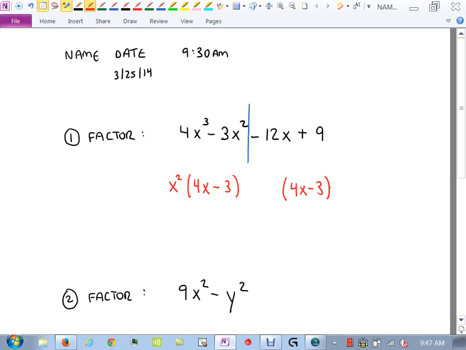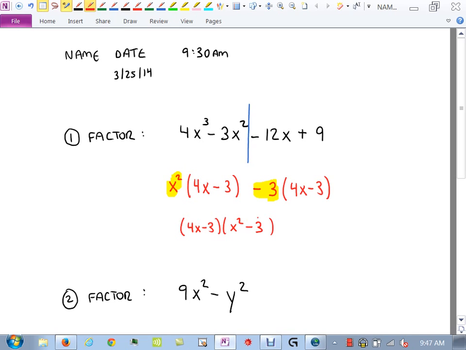Well, if I multiply 4x by negative 3, I get negative 12x, right? So I put a negative 3 out here. And then I double check, is negative 3 times negative 3 9? And yes, it is. So once these 2 things match, you put the 4x minus 3 in parentheses, and then you put the 2 factors that are out front in their own set of parentheses, right next to it.